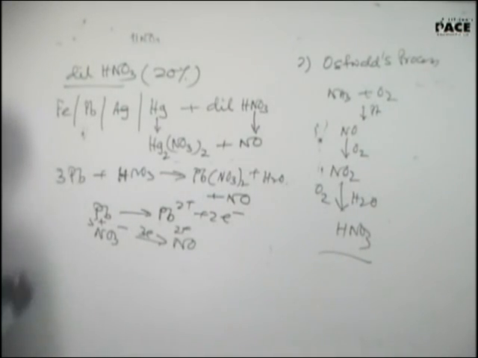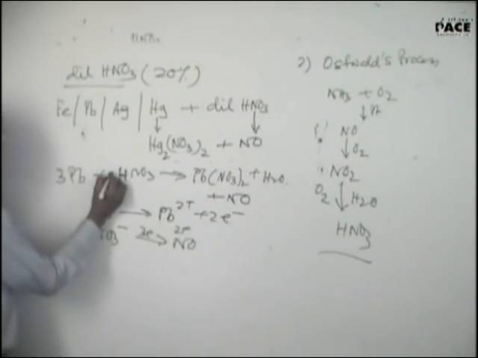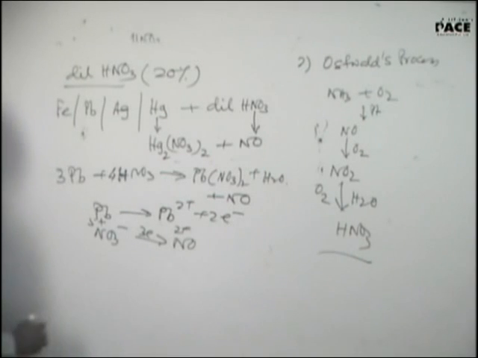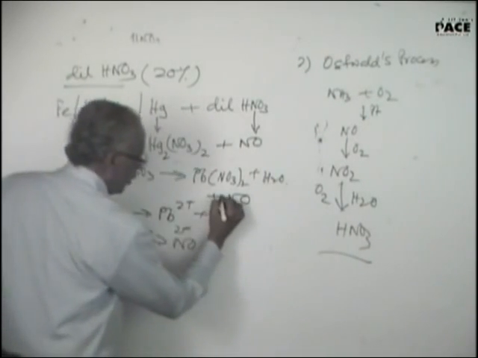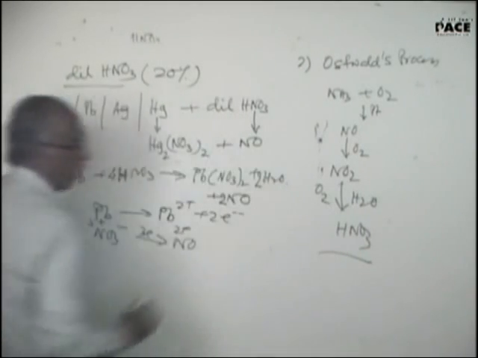So 3 lead, 4 HNO3. I need 8 HNO3 to give 2 moles of nitric oxide and 4 moles of water.